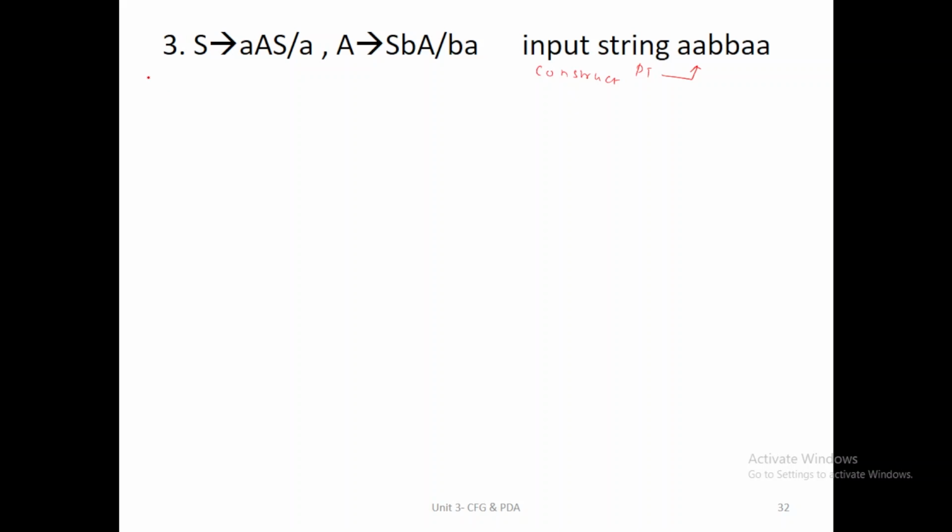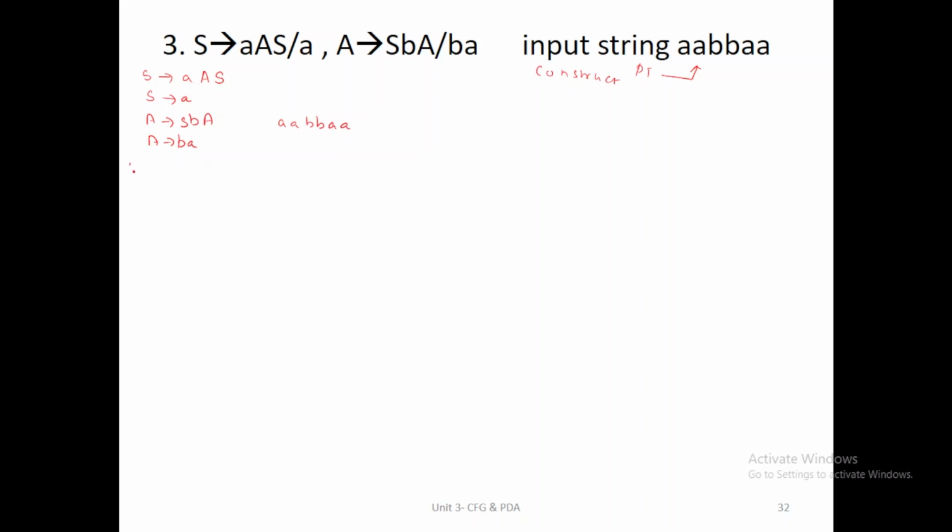You should write the productions separately for construction of the derivation and parse tree. A contains two productions, so I am writing them separately. So I want to derive aabbaa.